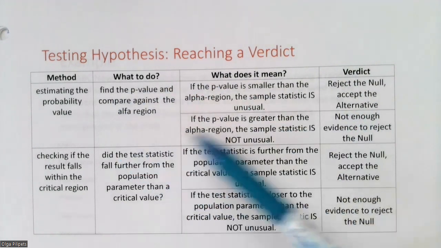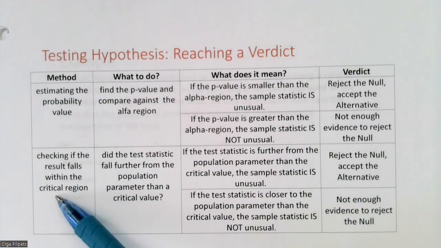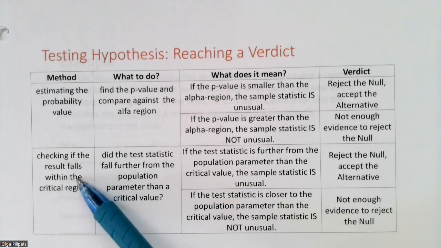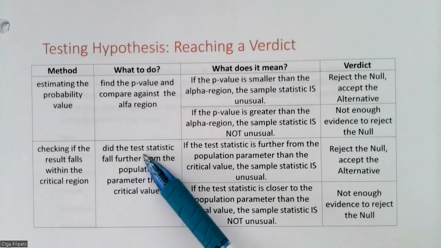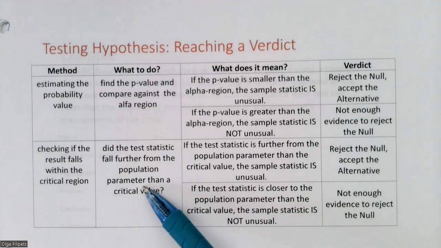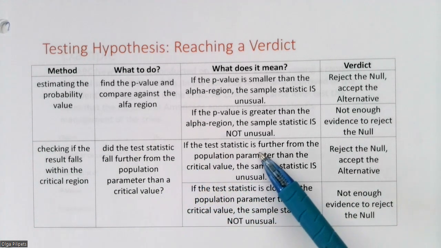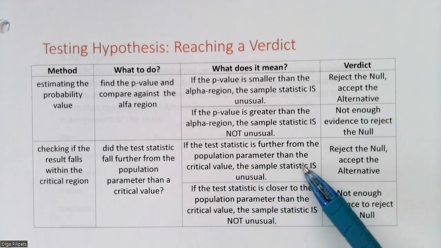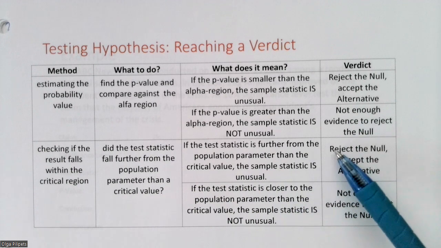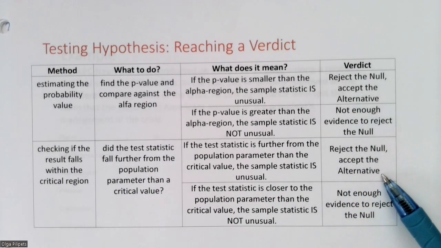So that's method 1. For method 2, if we're checking if the result falls within the critical region, then this is what we're asking: did the test statistic fall further from the population parameter than a critical value? If so, then the sample statistic is unusual, and again, we reject the null and accept the alternative.